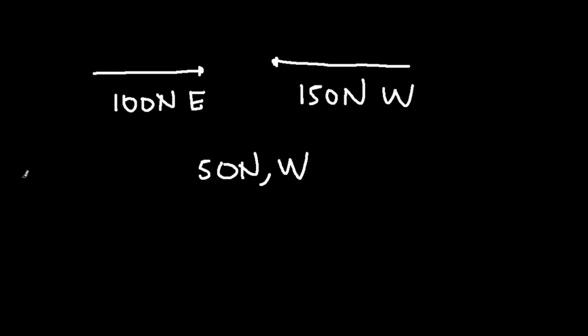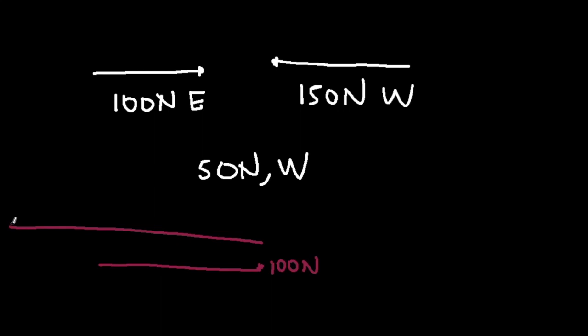It's like this. So I have 100 newtons to the east, and I have 150 newtons to the west. So we're trying to calculate the space here. And that happens to be 50 newtons.